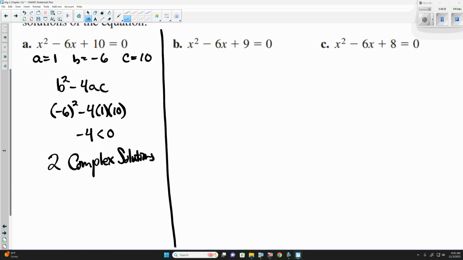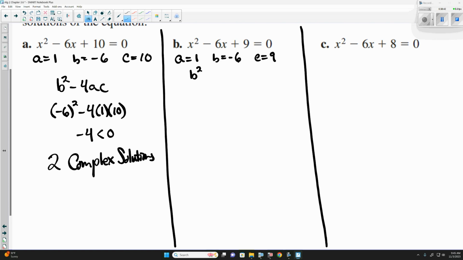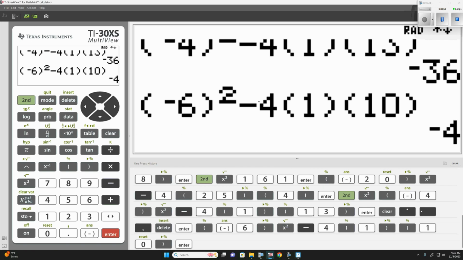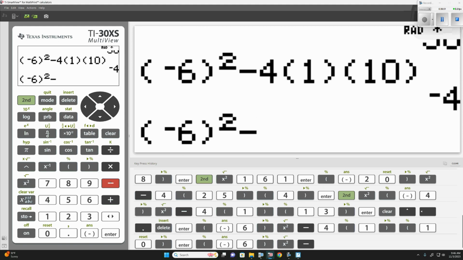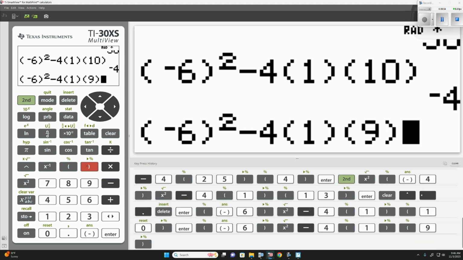We're going to do another one. X squared minus 6x plus 9. A is still 1. B in this case is still -6, and C is 9. -6 squared minus 4 times A times C. So we're doing almost the same equation, but instead of 10, we have 9. -6 squared minus 4 times A times C is 0.